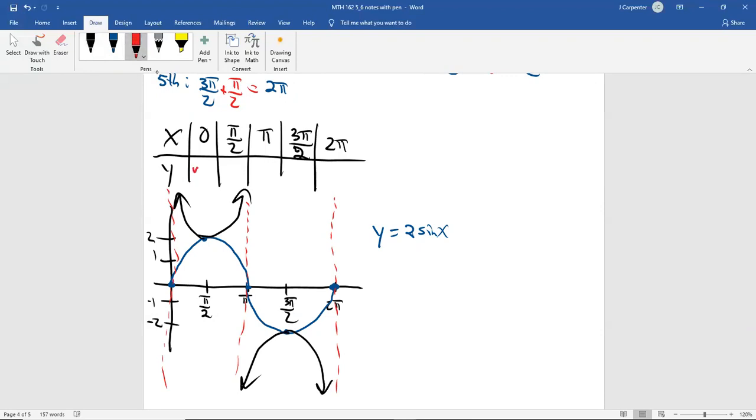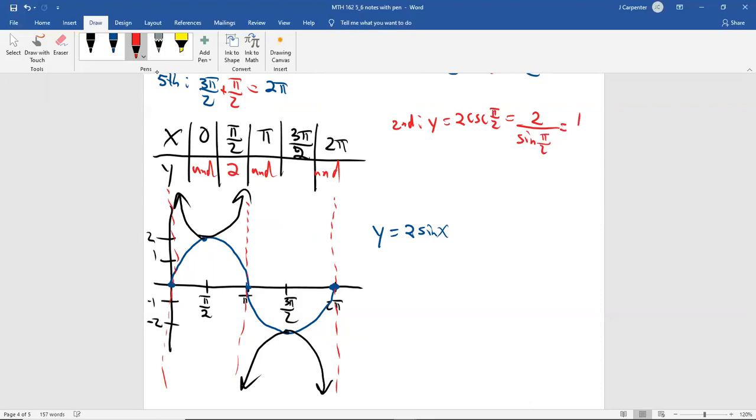So we know this is undefined, undefined, undefined. The first one ends up being the original amplitude. I will show the work for that. That's y equals 2 cosecant of pi over 2, which is 2 over the sine of pi over 2.